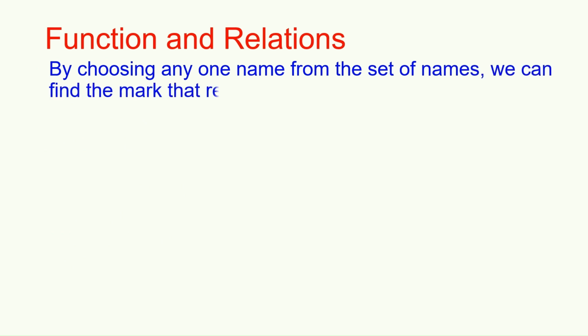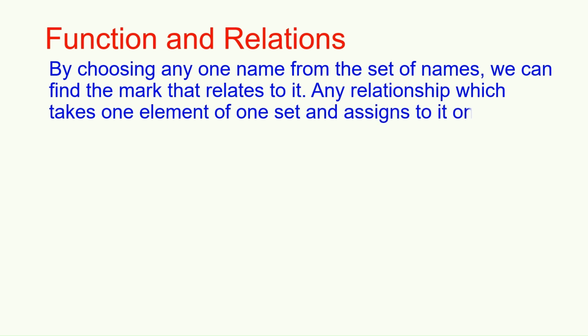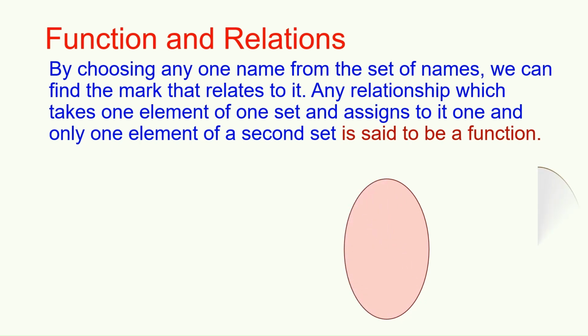By choosing any one name from the set of names, we can find the mark that relates to it. Any relationship which takes one element of one set and assigns to it one and only one element of a second set is said to be a function.